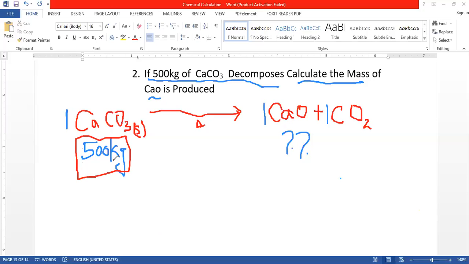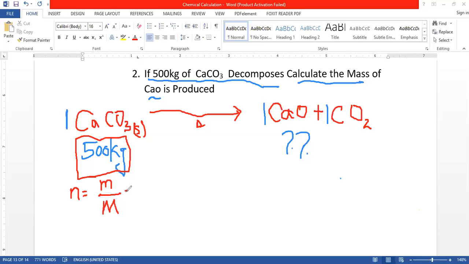Using this calcium carbonate, 500 kilogram, I want to find the mole. Mole is equal to given mass over molar mass.